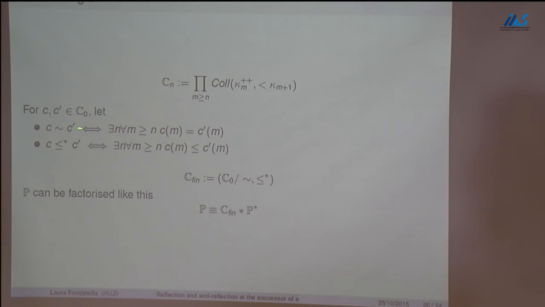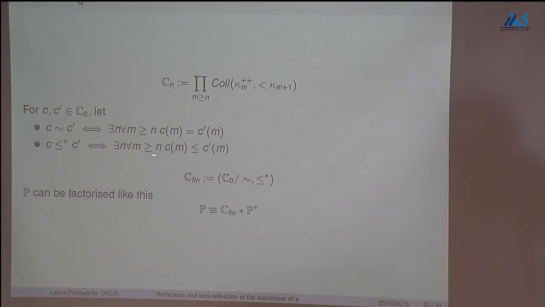And in C0 you can define an equivalence relation on conditions. Namely, two conditions are equivalent if they are eventually equal, namely, for some n, starting from some n, they take the same value. And let's say that the condition C is stronger, is less or equal star than C prime, if C is eventually stronger than C prime.